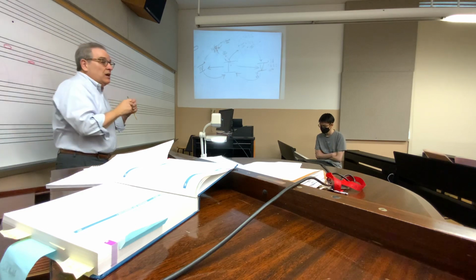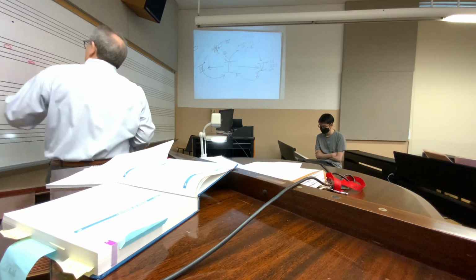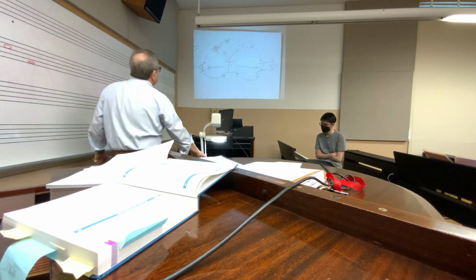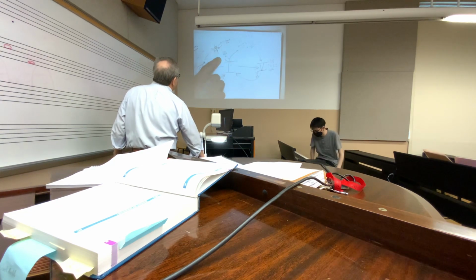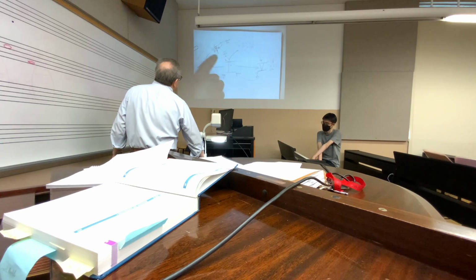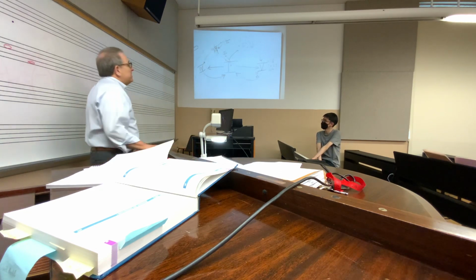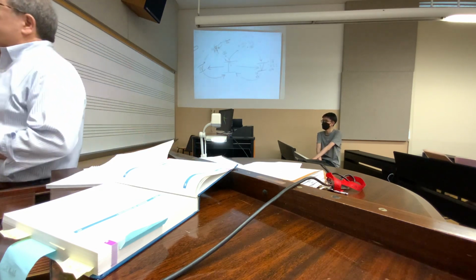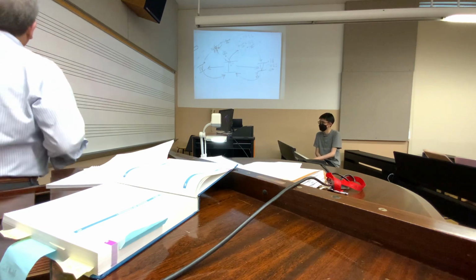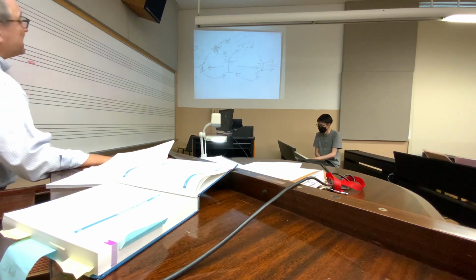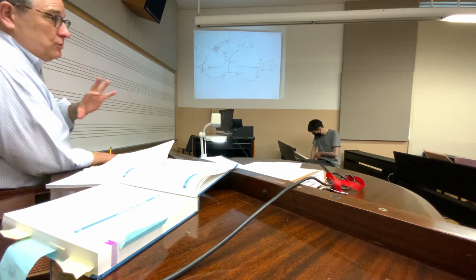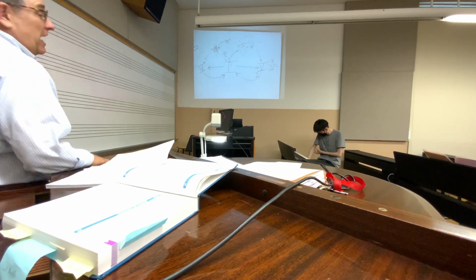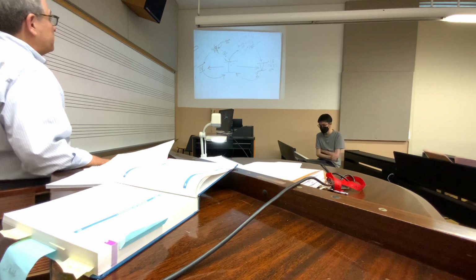Well, 7 going to 3 we've already seen in the minor mode. The 7 diminished chord in root position is hardly ever used except in this kind of circle of fifths progression.